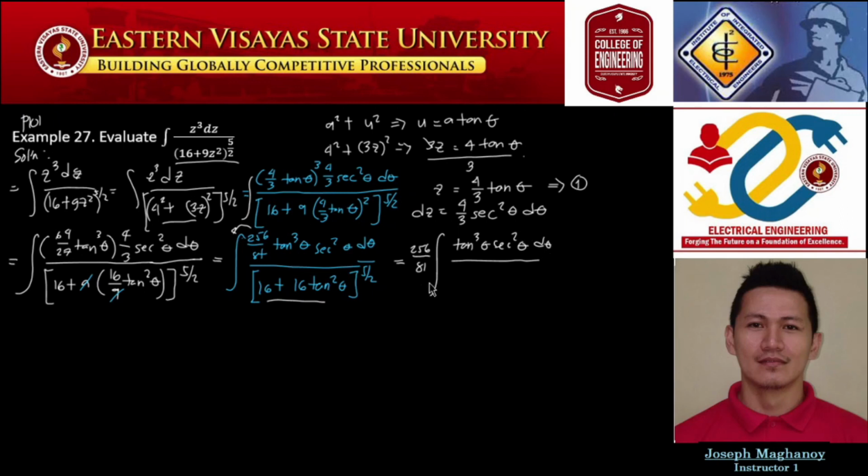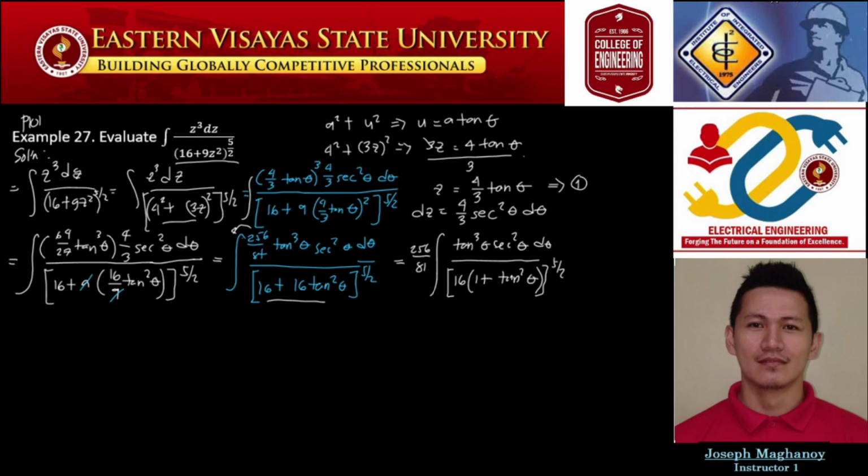At the denominator, we factor out 16. So we have 1 plus tangent squared theta raised to, of course, including 16, 5 halves.